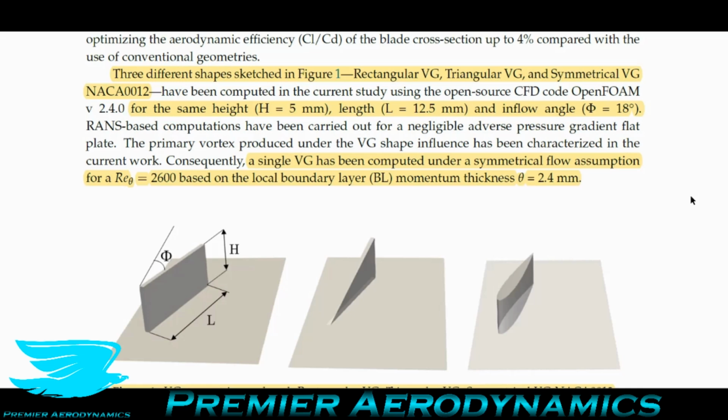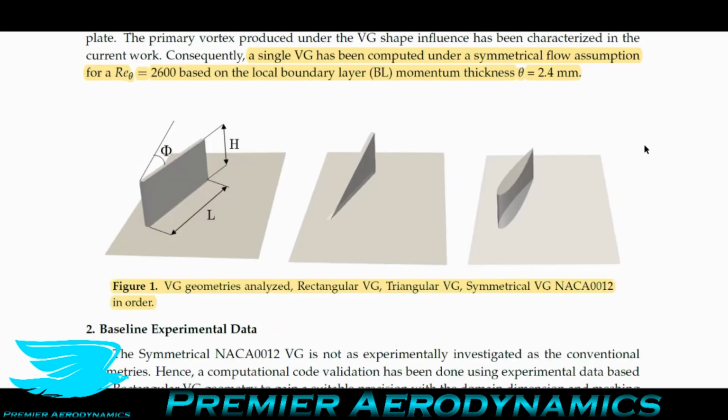You can also have the momentum thickness, which is based on the momentum of the boundary layer, which takes into account not only velocity but mass. There are also other ways that you can quantify a boundary layer thickness. Boundary layer momentum thickness is one of those ways, and it's fairly common for vortex generators to look into this thickness, not just the typical thickness based on 99% of the free stream velocity.